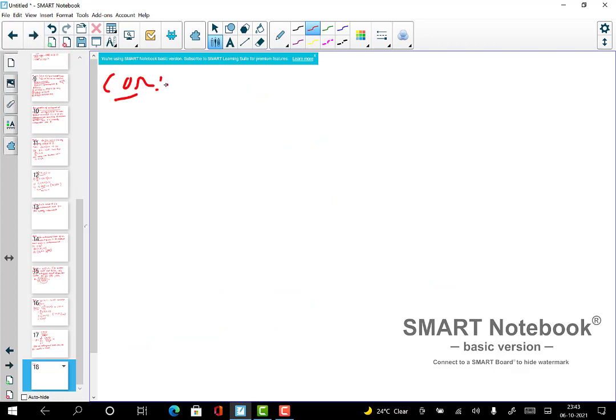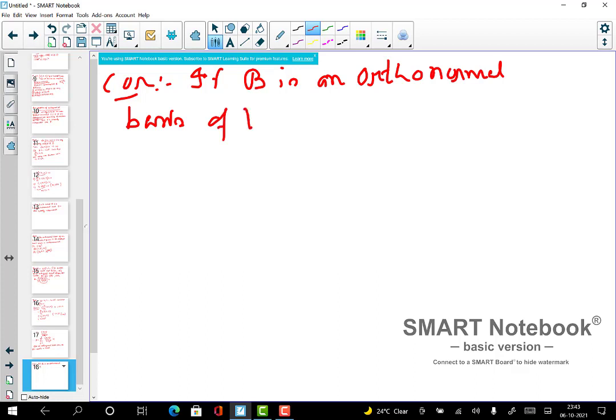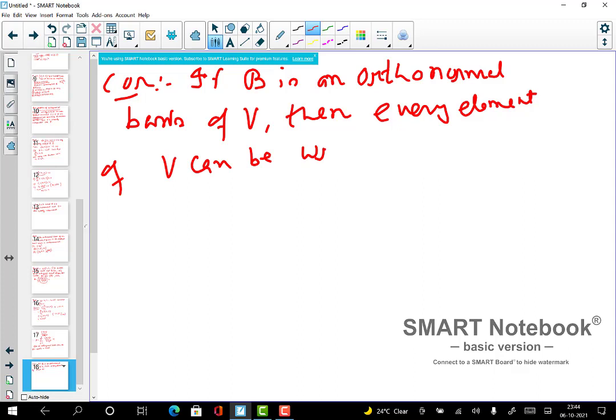Corollary: if B is an orthonormal basis, then every element of V can be written as follows.